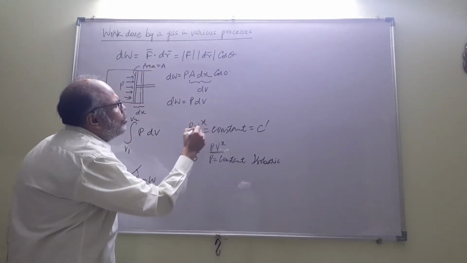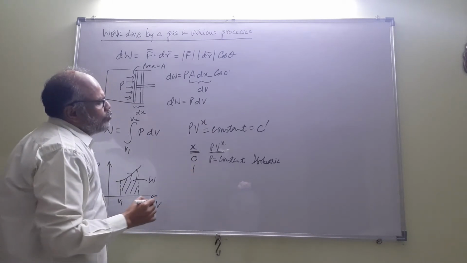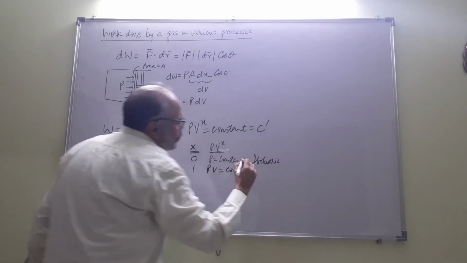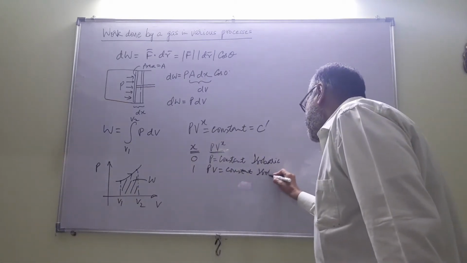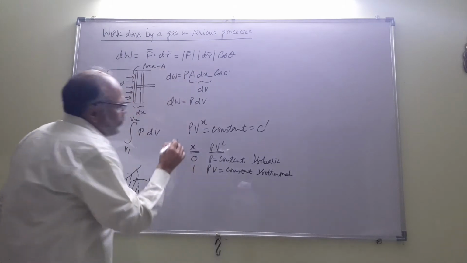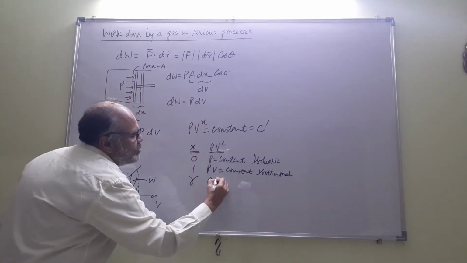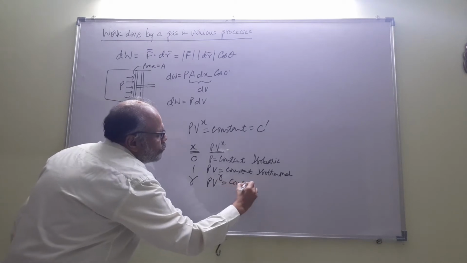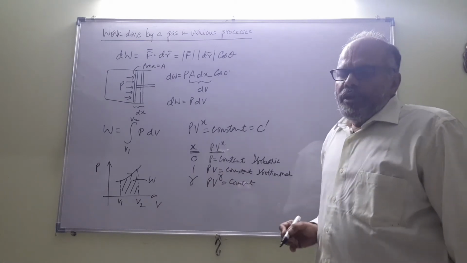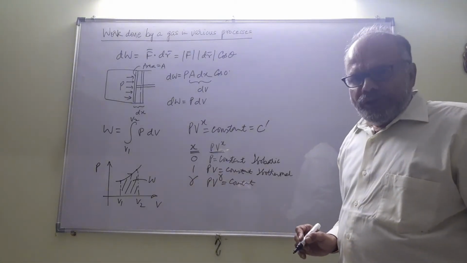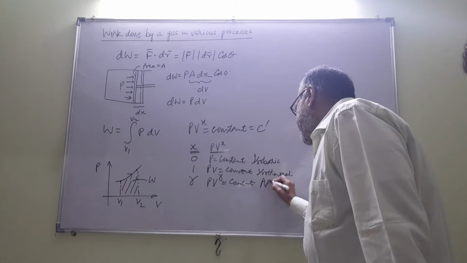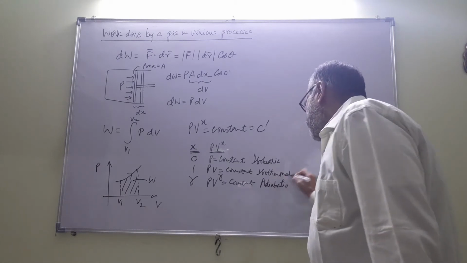If x is 1, then you would have PV equals constant, which is an isothermal process. If x is gamma, you would have PV to the gamma as constant, which is an adiabatic process, where gamma is the adiabatic constant, the ratio of the molar specific heat at constant pressure to the molar specific heat at constant volume. So this would be an adiabatic process.